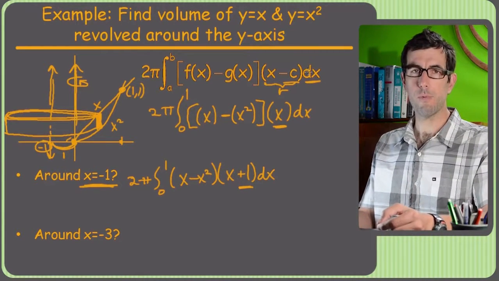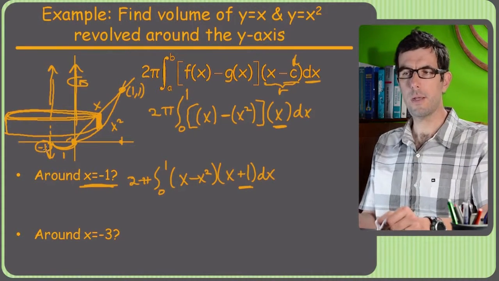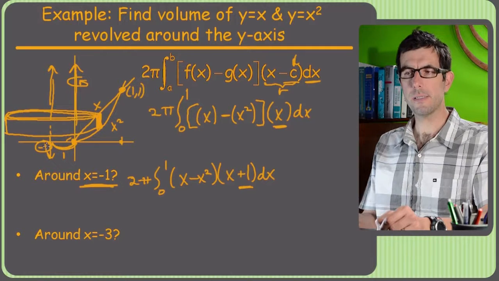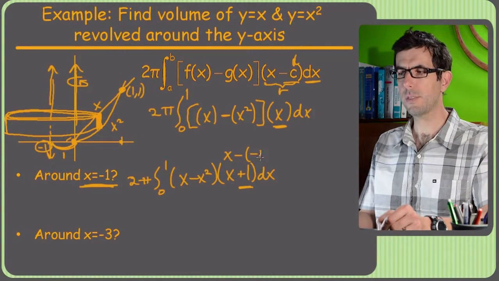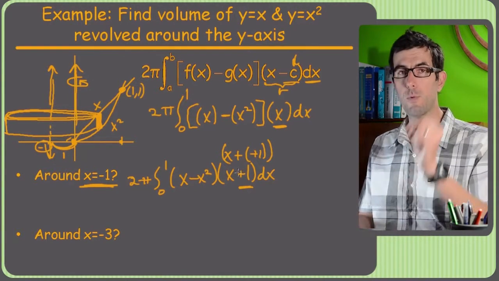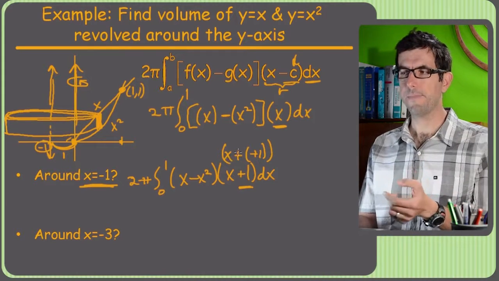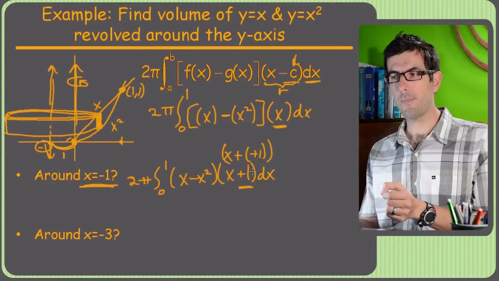The plug and chug way to look at it is that c is simply the coordinate of that spin axis, and since that's negative 1, we really just did x minus our c, which is negative 1. And minus negative 1 ends up being plus 1. So either way you look at it, you're looking at an x plus 1, the radius was increased by 1.